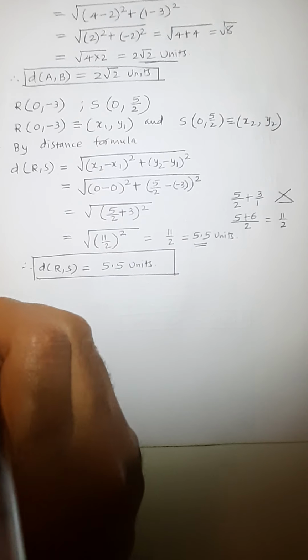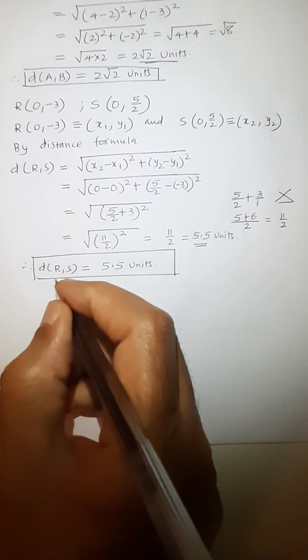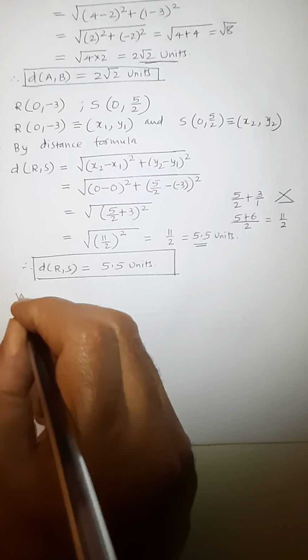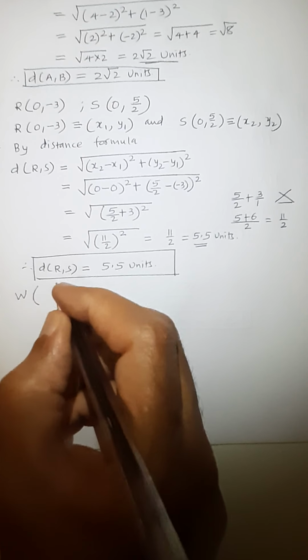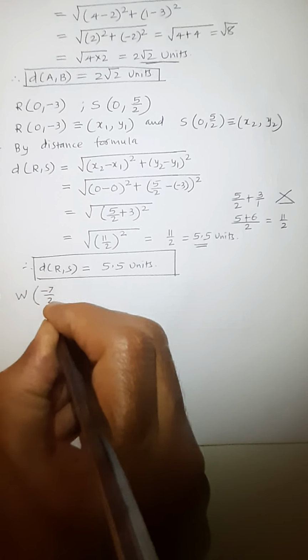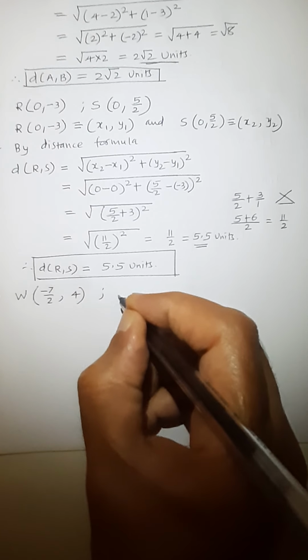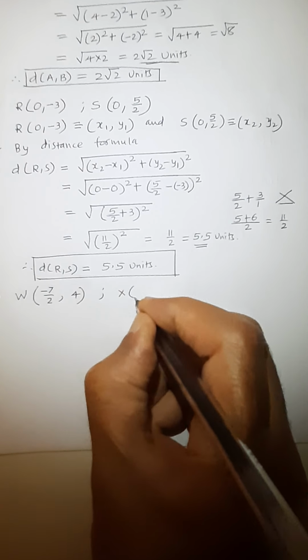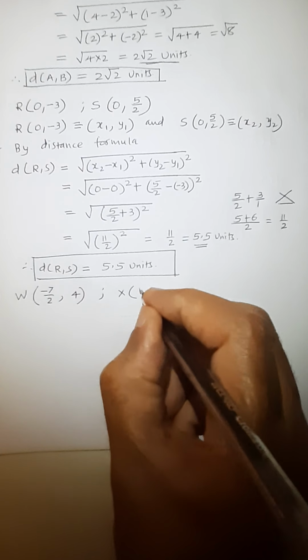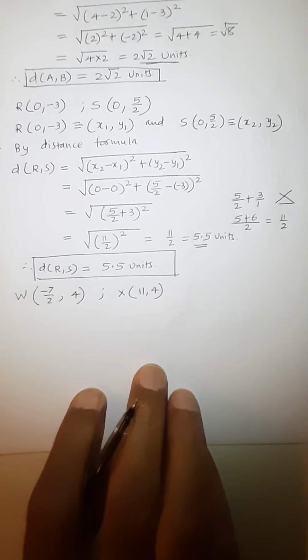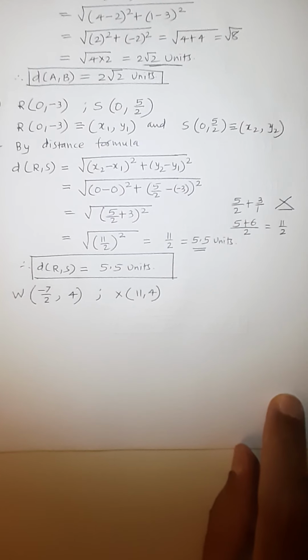Sixth sum I am writing here. The 2 points under consideration are W having ordered pair -7 upon 2, comma 4, and another point is X having the ordered pair 11, comma 4. Now, okay, I think it is proper.